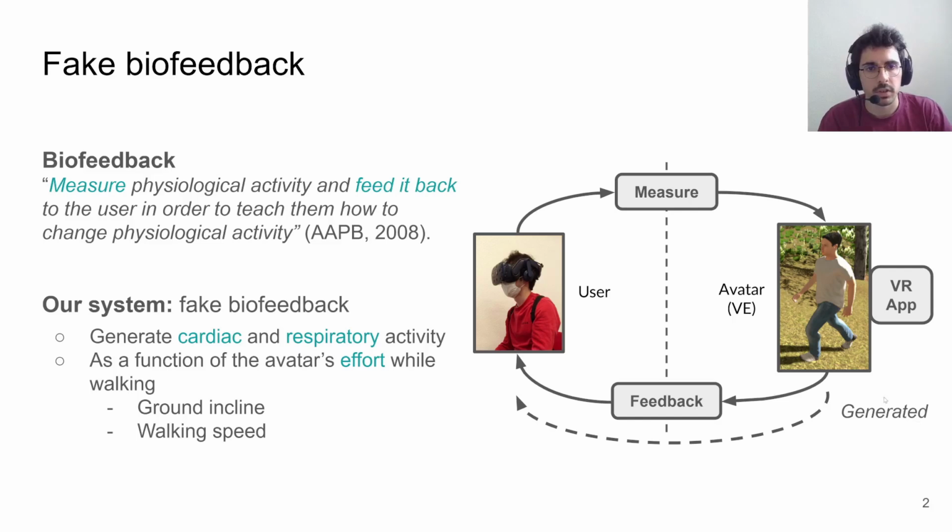You have no component of measure on the user, but instead the physiological activity is generated by the VR app and displayed to the user. So it's called phase biofeedback, and more specifically, our system generates cardiac and respiratory activity as a function of the avatar's effort while walking. So that's ground incline and walking speed.